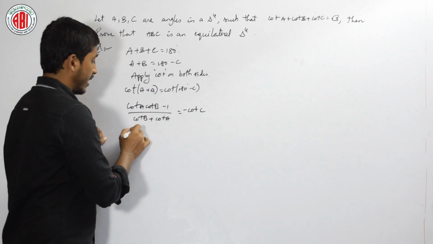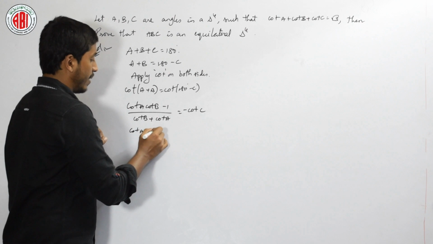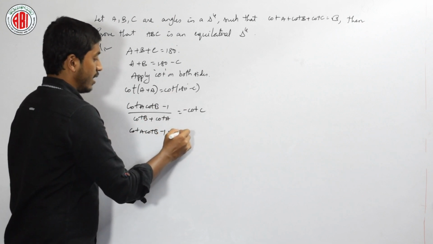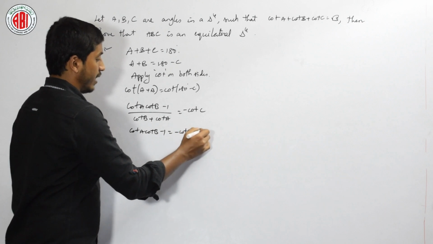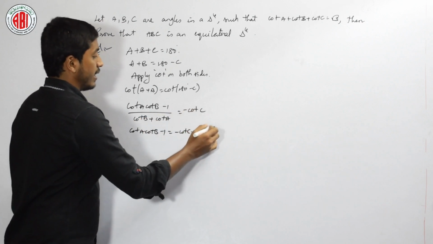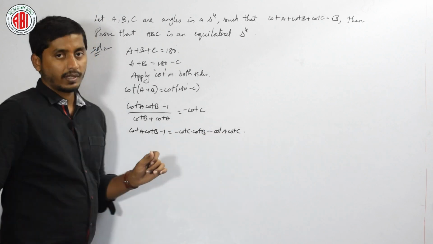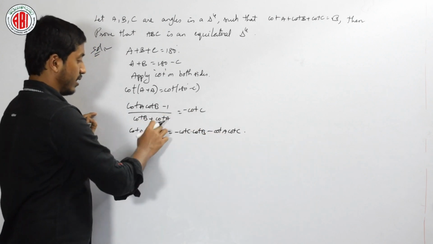Let us transform that side, it will become cot A cot B minus 1, that is equal to minus cot C into cot B, right, minus cot A into cot C. Okay, we have multiplied this cot C with both the things.